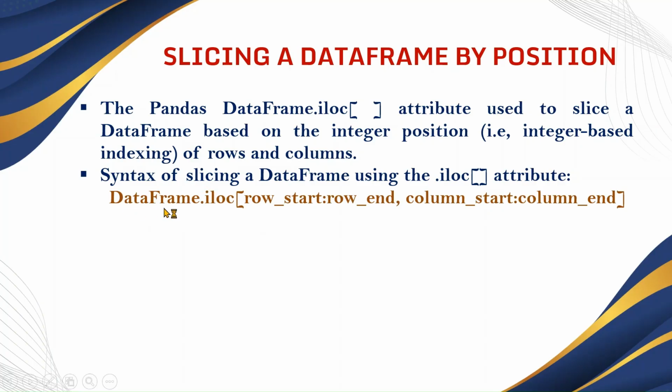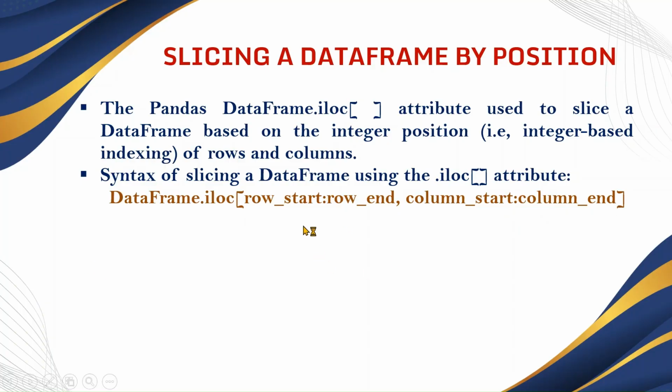So the data frame reference, you need to call the .iloc attribute, and here in the square bracket you need to start off with the row starting index number, colon is the slicing operator, then the row ending index number, separated with the colon, comma, column starting index number colon column ending index number, both you need to take.